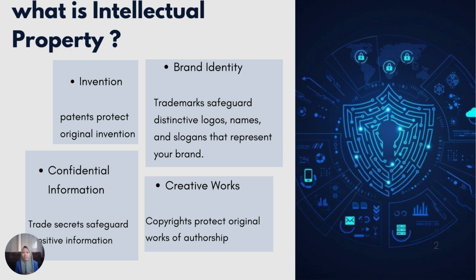And that's brand identity protected by trademarks. The trademark is a form of intellectual property that safeguards the specific aspects of a brand that identify its products or services. Trademarks prevent others from using identical or confusingly similar marks, thereby protecting the brand's reputation and ensuring consumer trust.